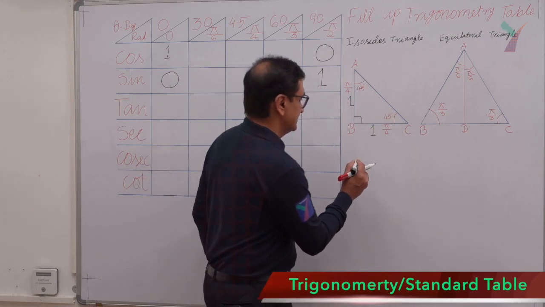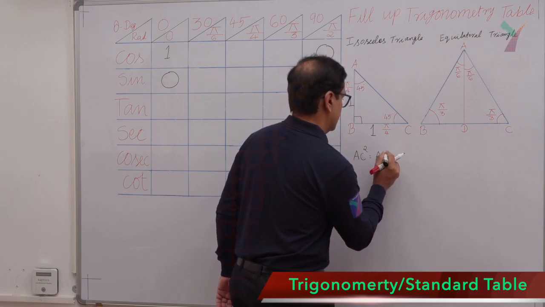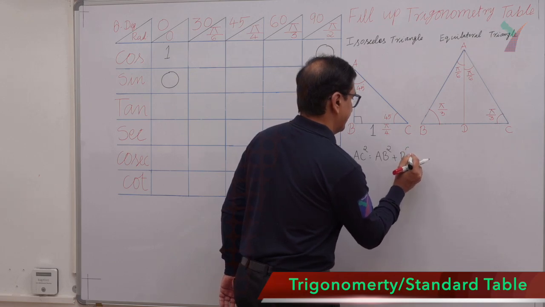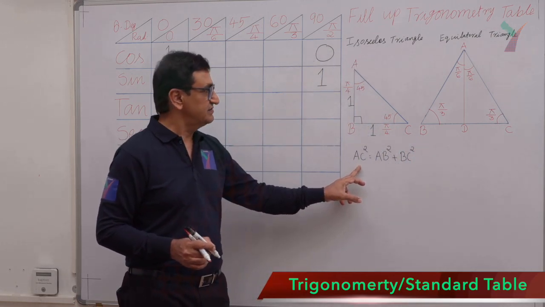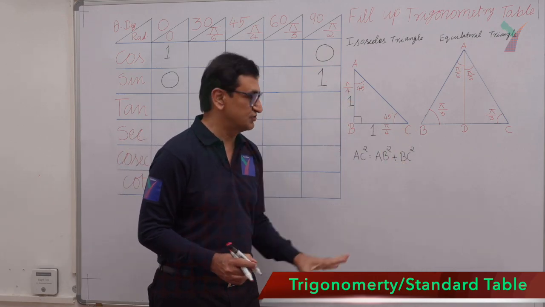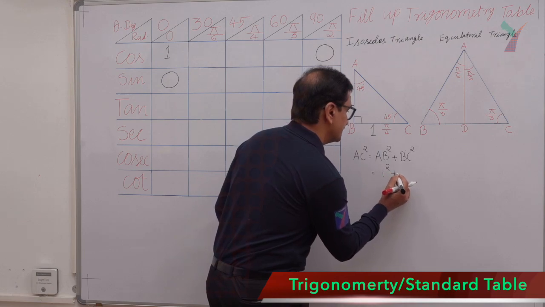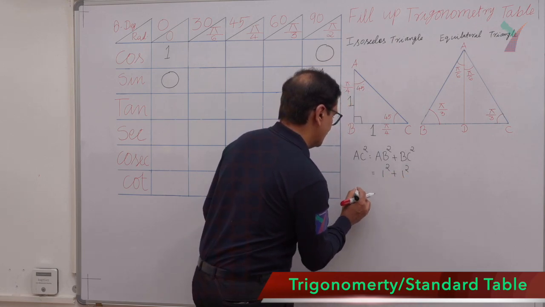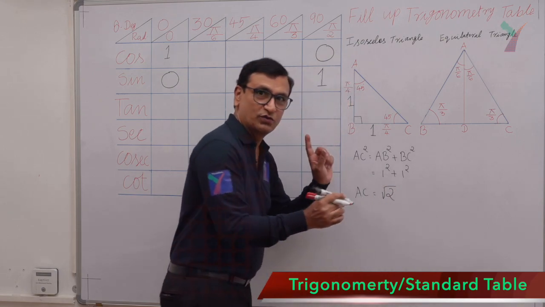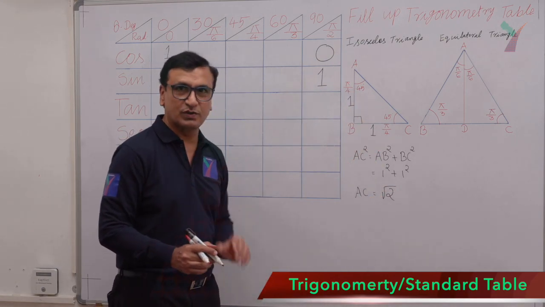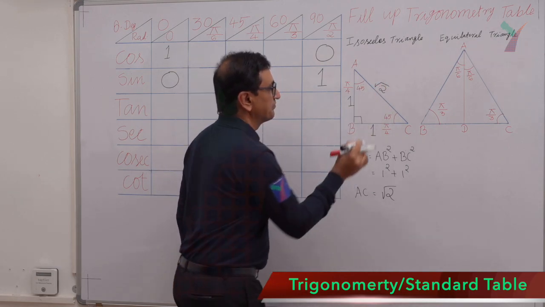AC square is AB square plus BC square, which is nothing but 1 square plus 1 square. Therefore, AC would be square root of 2, correct? So, AC is square root of 2. Let me mark it here.